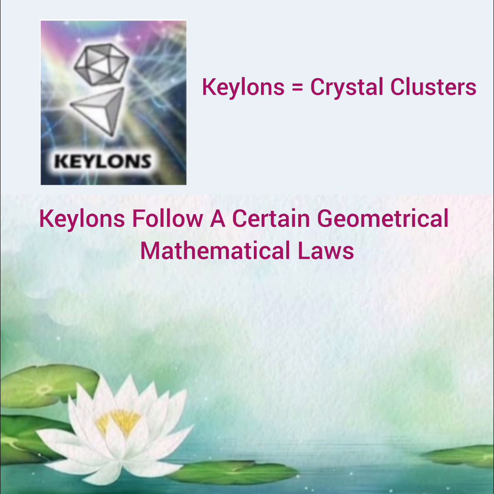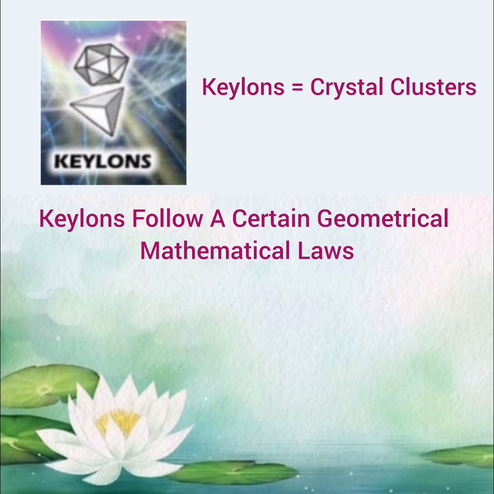Keylons are dimensionalized particle composite forms that form within and around the fabric of the particle grids. More and more particle groups form together into clusters. So what is the meaning of keylons in very simple terms?